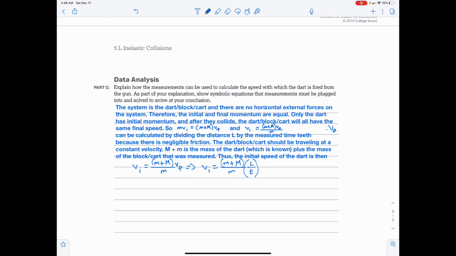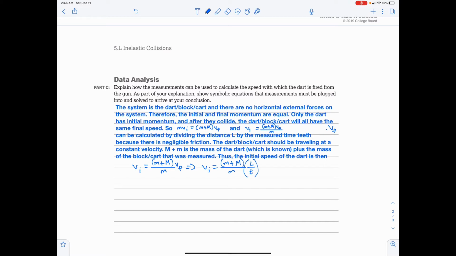Solving for the initial speed of the dart, we divide by little m, which is the mass of the dart, and we get the final momentum of the cart-block-dart system divided by the mass of the little dart, which we already know.